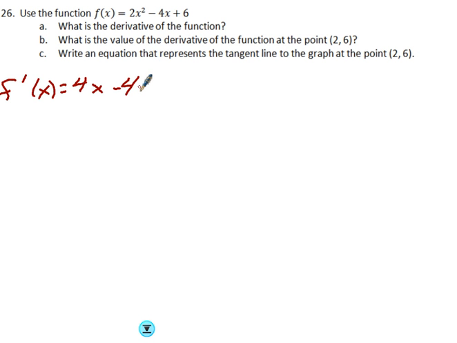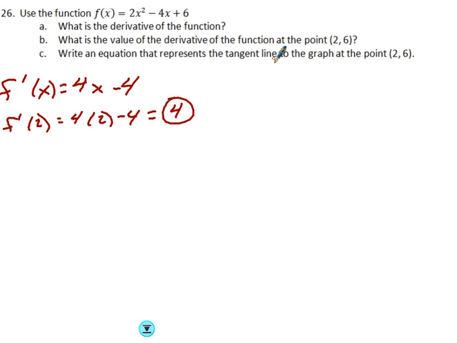Plus 6, that just kind of stays as plus 6, and it's gone. So that's part A. Part B, what's the value of the derivative of the function at the point 2, 6? So at the point 2, 6, we want the x value, f prime of 2, which is equal to 4 times 2 minus 4, which is going to be 4 times 2 is 8. 8 minus 4 is 4. So the value of the derivative there is 4.